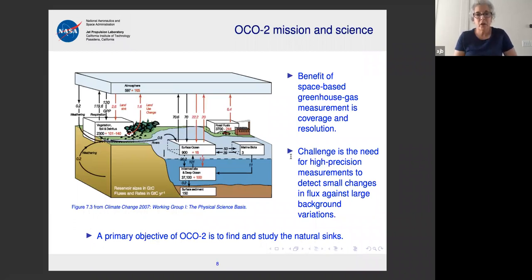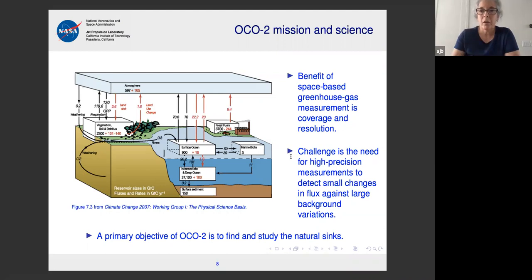As I said, a primary objective of OCO2 is to find and study natural sinks. Prior to the space-based remote sensing era, there were field campaigns at various places around the world where people instrumented towers on the ground to measure carbon dioxide concentrations, but it's a whole new world with global observing systems like OCO2.